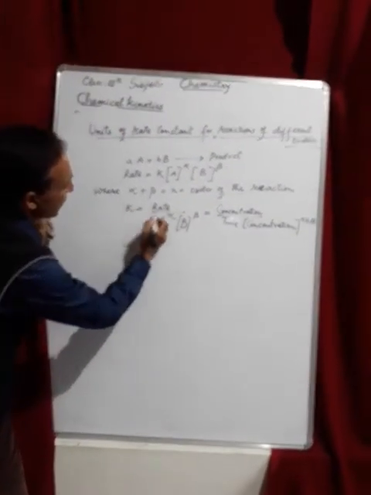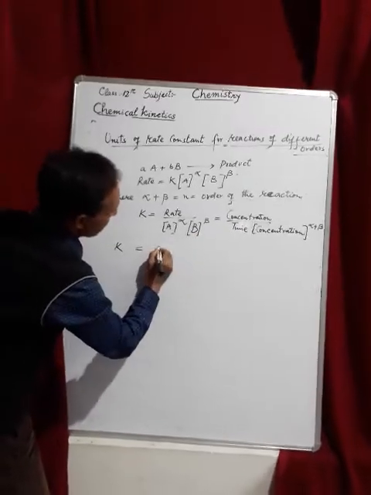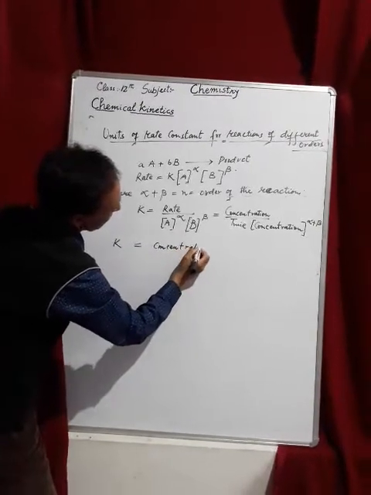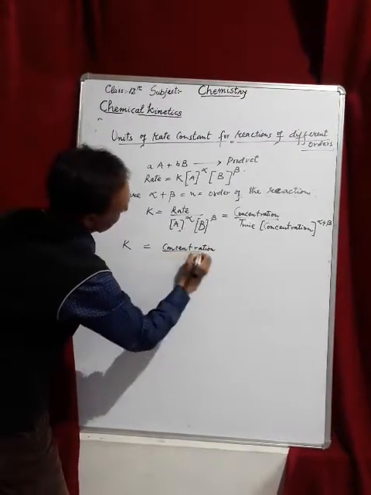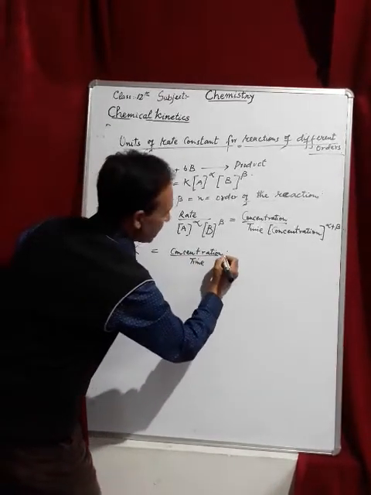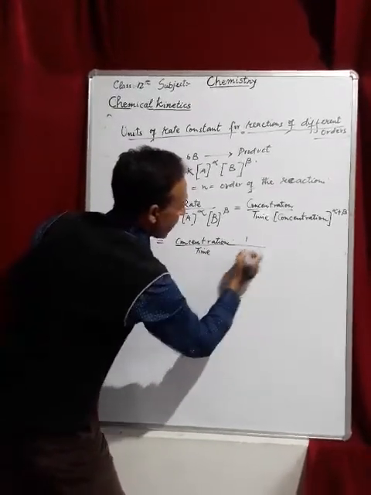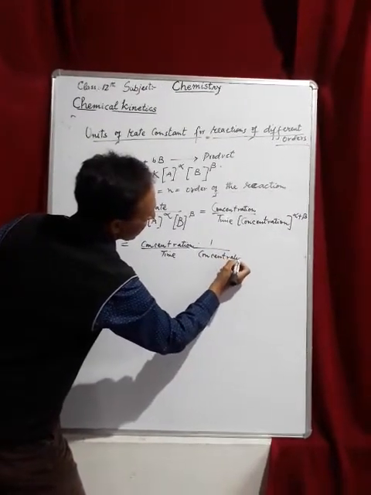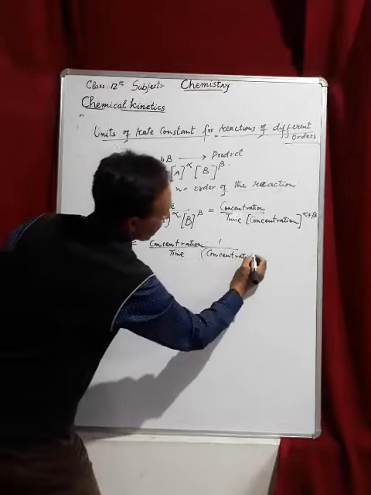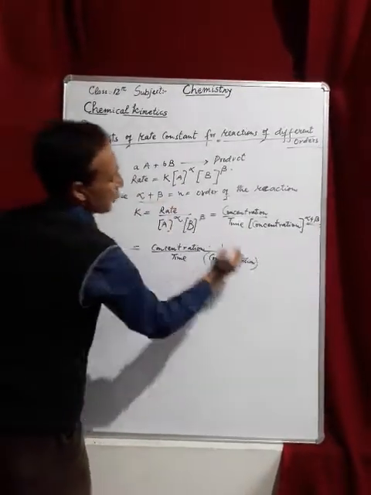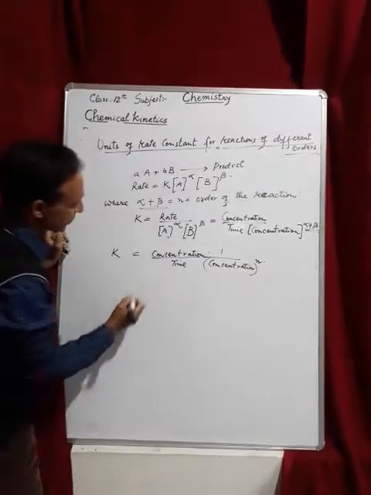So we can write this rate constant K is equal to concentration divided by time into 1 by concentration raised power alpha plus beta, which is equal to n.